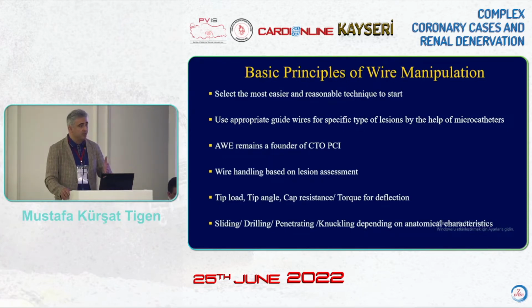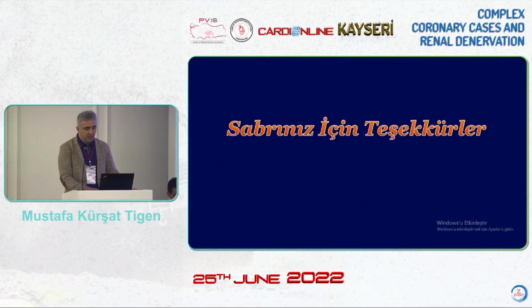Also sliding, drilling, penetration, and knuckling, as Korhan pointed out. When you have sliding, you can see how the wire crosses very easily. You have to select this with anatomic characteristics, and it increases procedure success. Thank you very much for your kind attention.